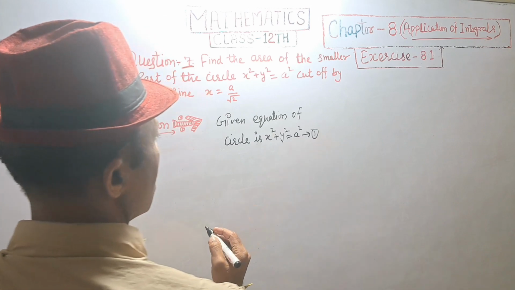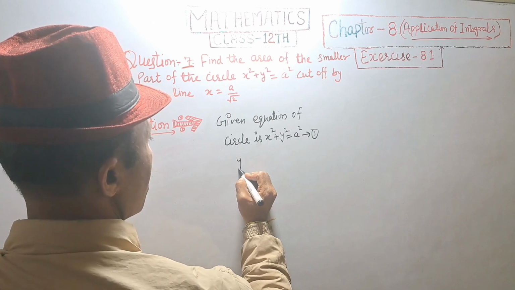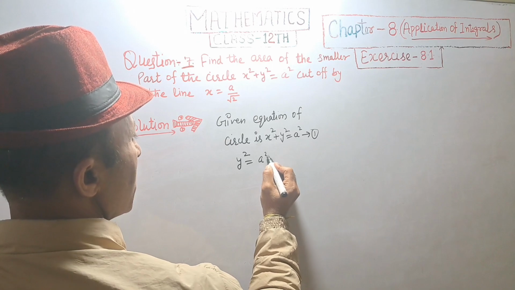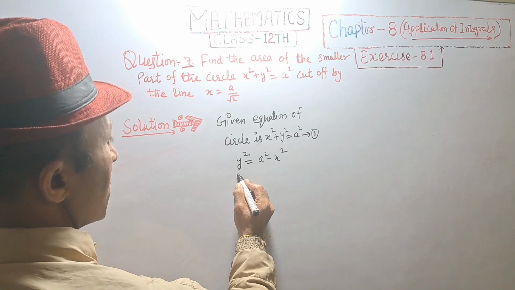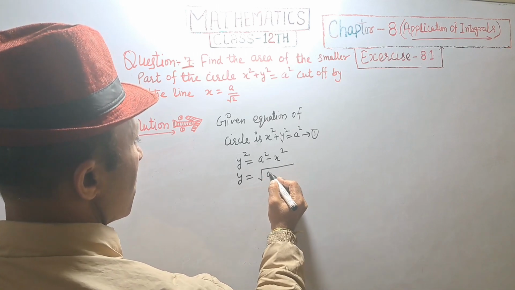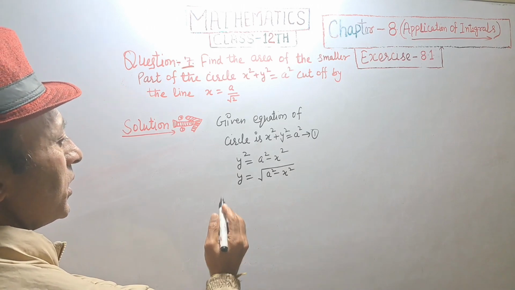It's equation number first. And y square is equal to a square minus x square, y is equal to under root of a square minus x square. It's y.